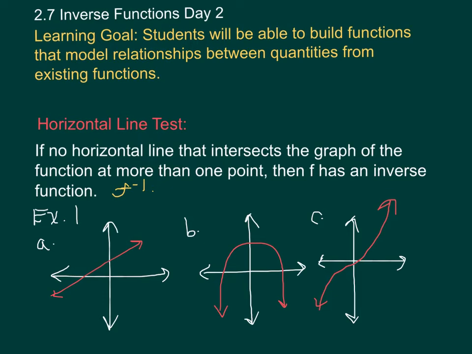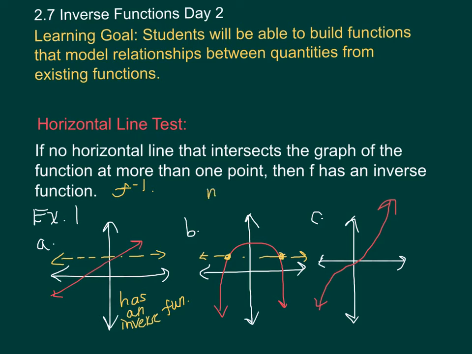Okay, looking at example A, does this graph pass the horizontal line test? All you have to do is take your pencil horizontally and see if this passes. So this one has an inverse function. Let's try B. This one does not pass because it hits in more than one point.